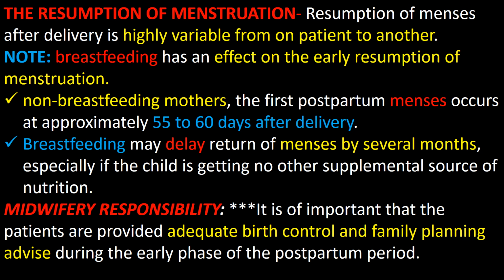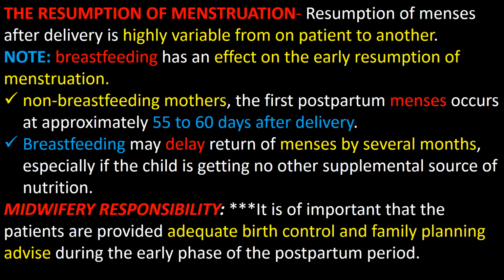However, you have to remember that breastfeeding has an effect on the resumption of menstruation. Bakit? For the mothers who are not breastfeeding, their menses may return approximately from 55 to 60 days after delivery. So within the first 3 months pa lang, magre-regla na ulit yung mother, especially if she is not breastfeeding.